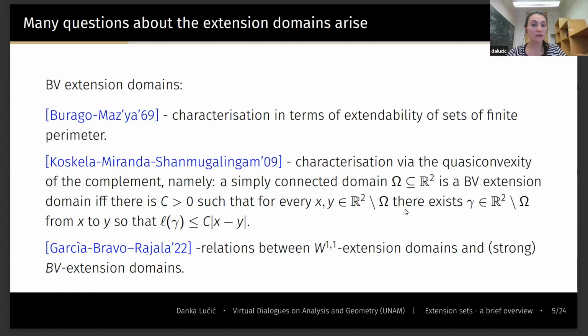Then Koskela, Miranda, and Shanmugalingam proved that a domain in the plane is a BV extension domain if and only if its complement is quasi-convex.